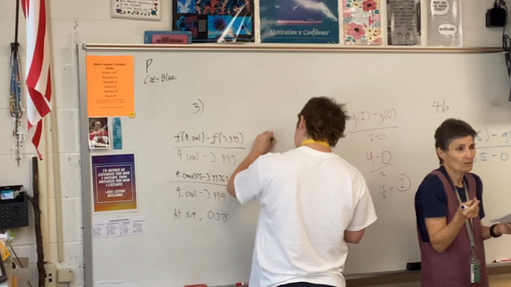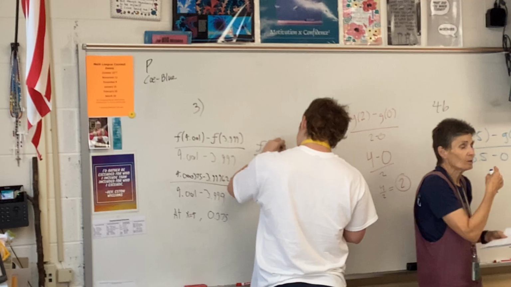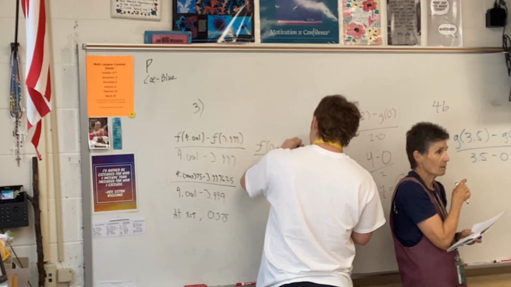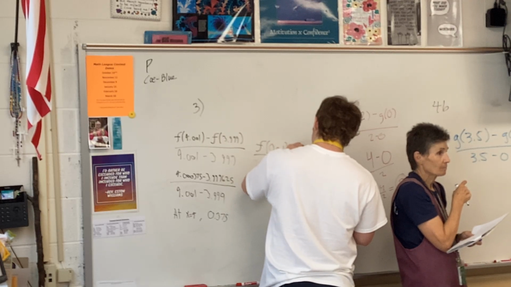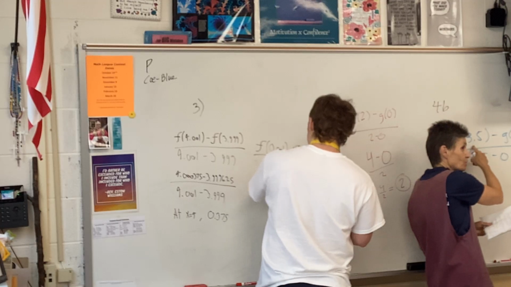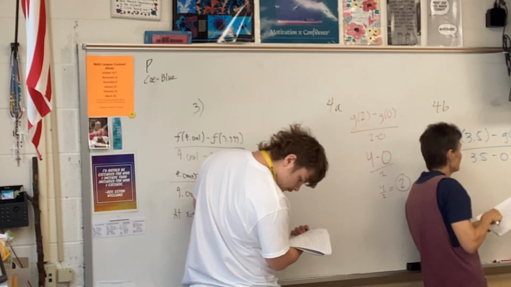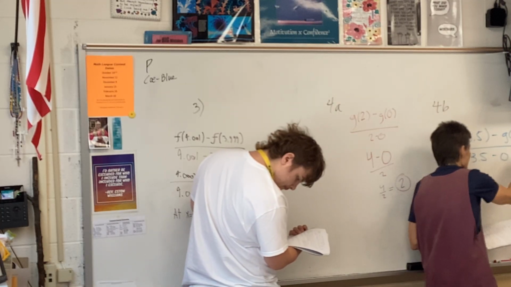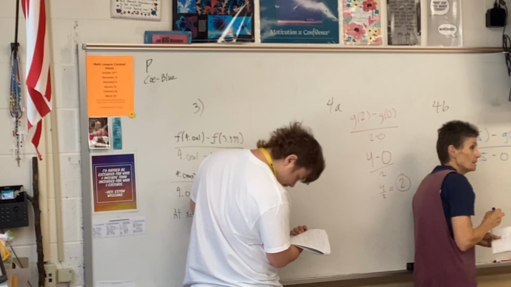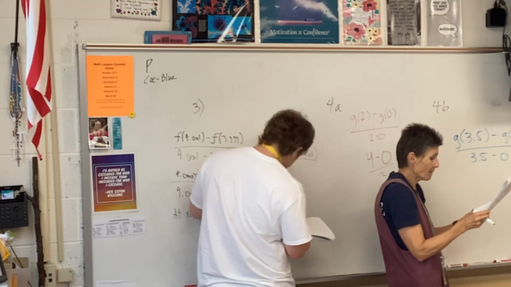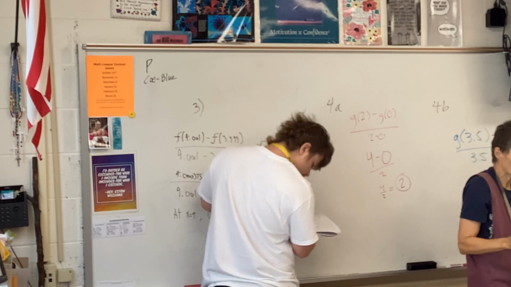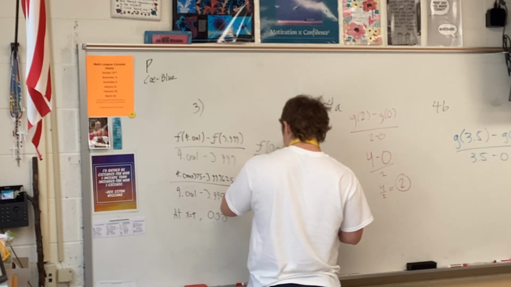What can you tell me about that? You can actually figure that out, but would you agree that's going to be a positive number? This is positive, G of 3.5 is positive, and that's just 0. So this is going to be positive. Okay. Now what about the instantaneous rate of change at 0?